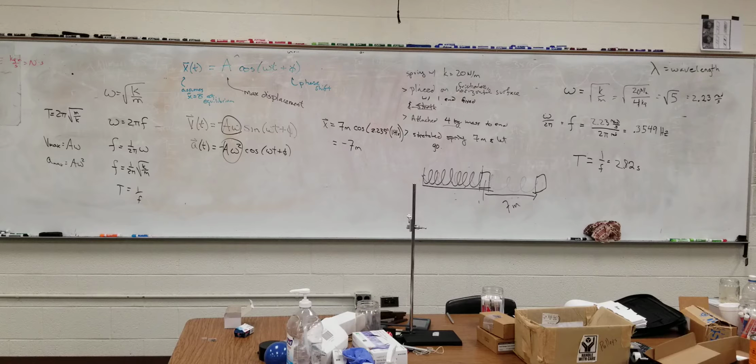Oh, you put in .705, so it should have been 7 times the cosine of 2.23 times .705. And then the cosine of that, then times 7. So it looks like that's what you typed in. Are you in radians?